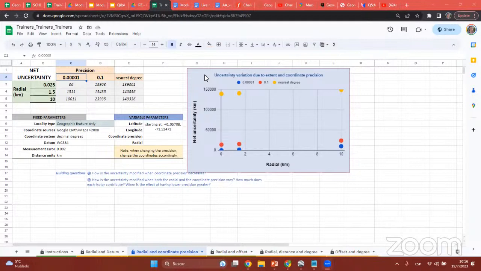Do you understand my question? Because I thought that, for example, in this case, the sensitivity with radial 1.5 concerns one feature, and the intensity with radial equal to 10 kilometers concerns another feature.